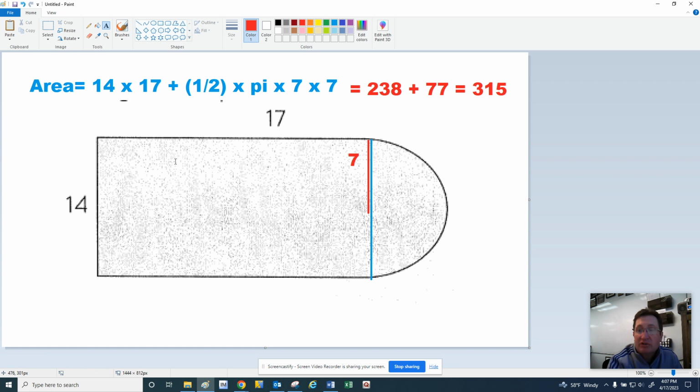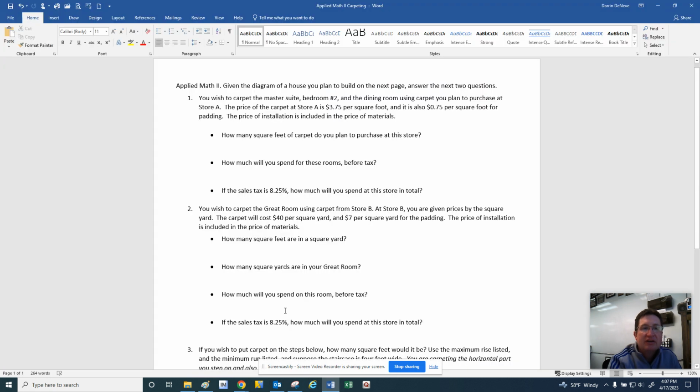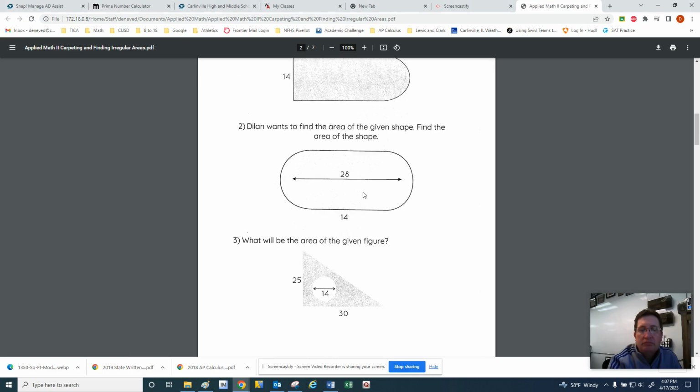So the area of a circle is pi r squared, and we found it to be half of that on this problem. Let's just take another quick look at our assignment here. This one would be a rectangle with a half circle on either end, and so you're going to want to think of it as a full circle plus a rectangle probably.